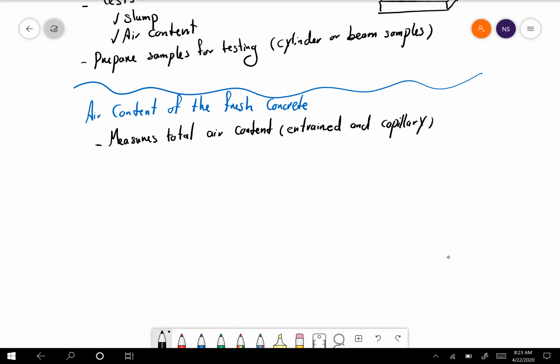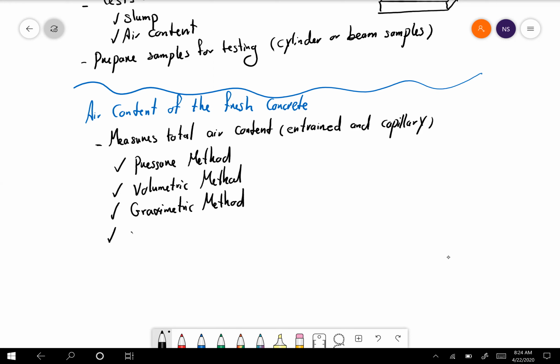And there are different methods to do this: there is a pressure method, a volumetric method, the gravimetric method, and also the Chace air indicator.